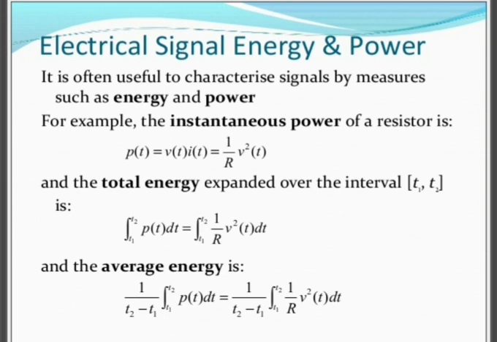For example, the instantaneous power of a resistor is P(t) equal to v squared of t divided by R, that is, 1 by R times v square t. And the total energy is expended over the interval t1 to t2. The equations for the total energy and the average power are given here.